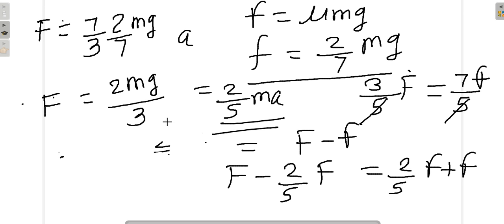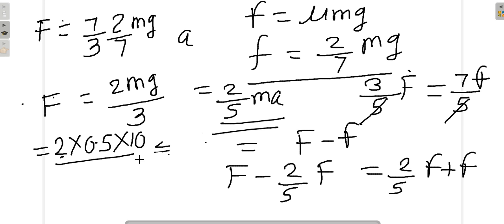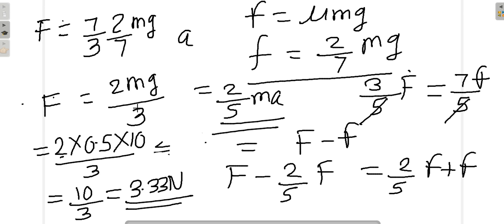So F is 2 mg by 3. Now they have given the mass as 0.5. So the mass is 0.5 into g is 10 upon 3. That gives your answer as 10 by 3 or 3.33 Newton. They have given the value of mass as 0.5. It is there in the problem. You just substitute it and I get the answer as 3.3 Newton.